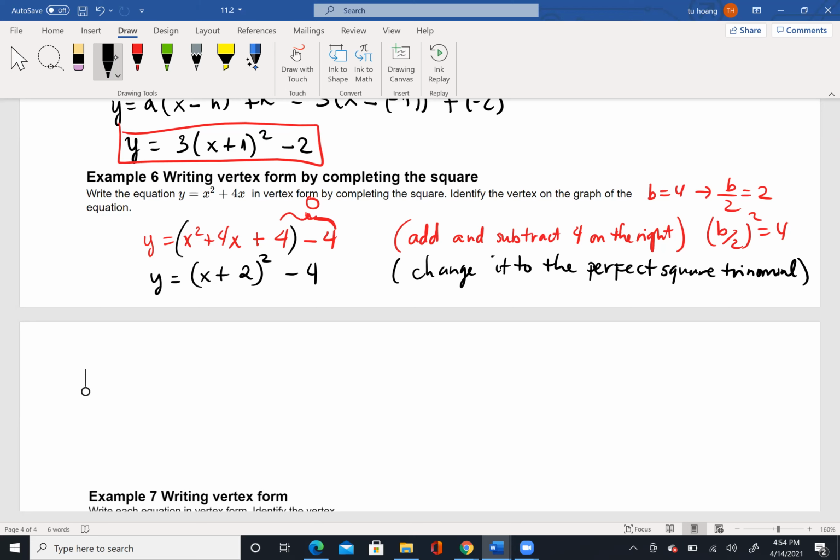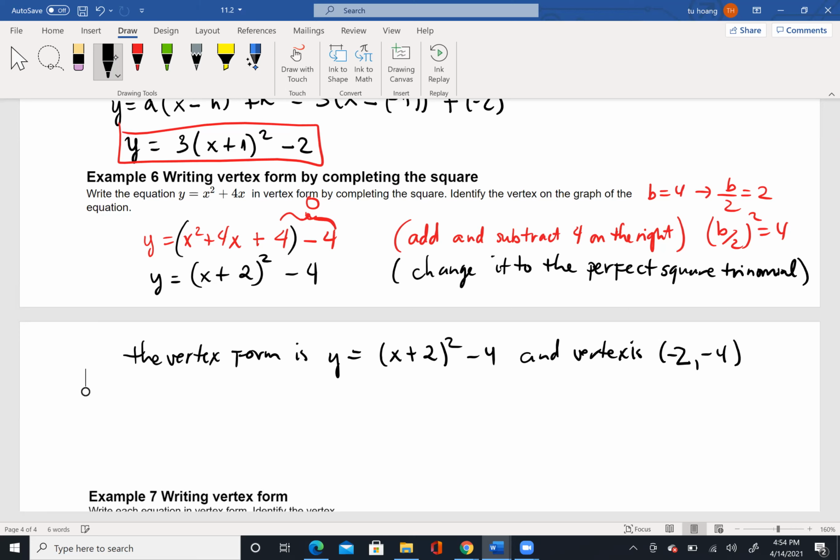Okay, so now you are having the vertex form is y equals (x + 2)² minus 4, and the vertex is (-2, -4).